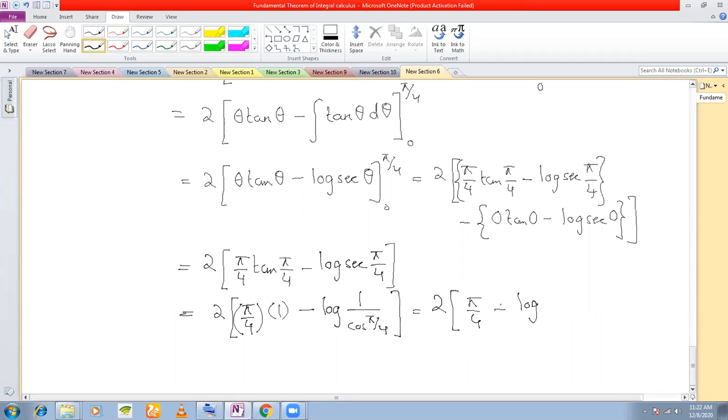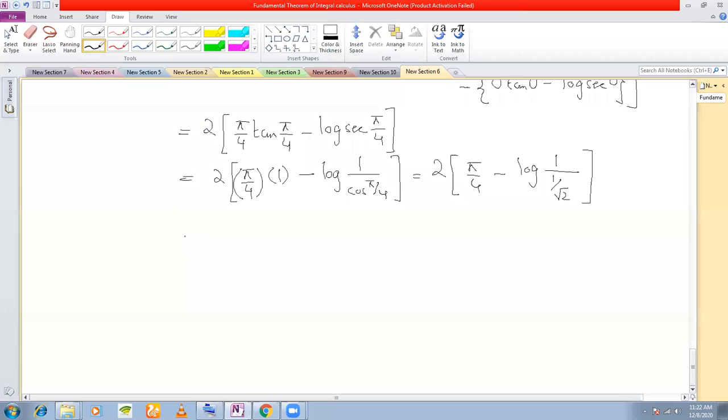Cos 45 is 1 by root 2. I get this as twice pi by 4 minus log root 2.